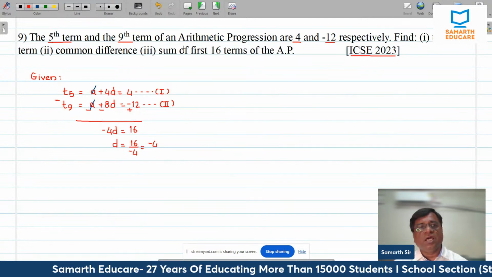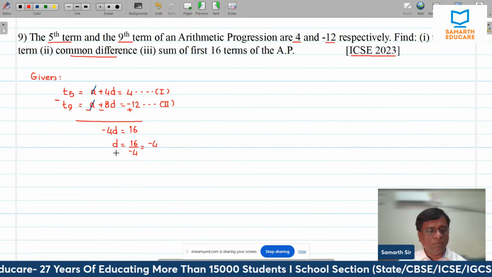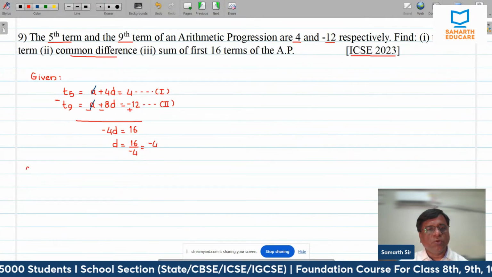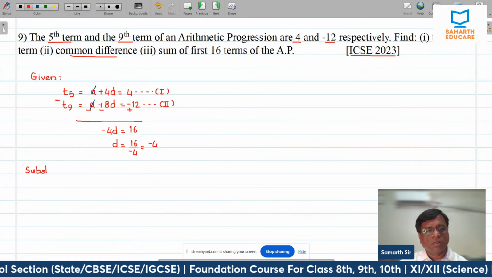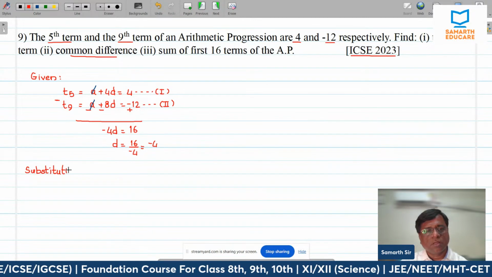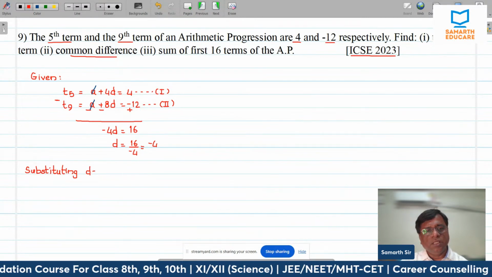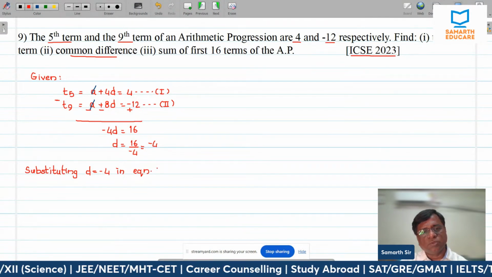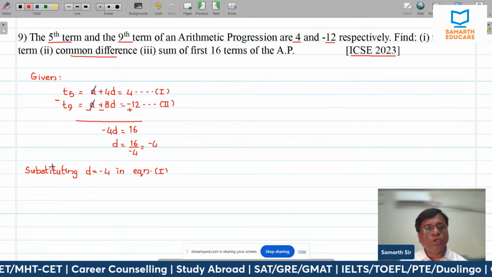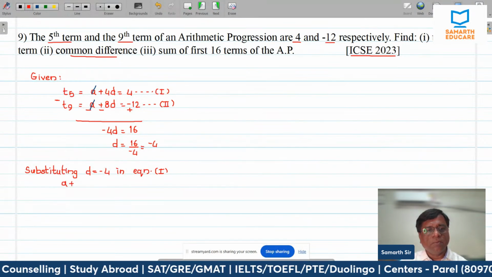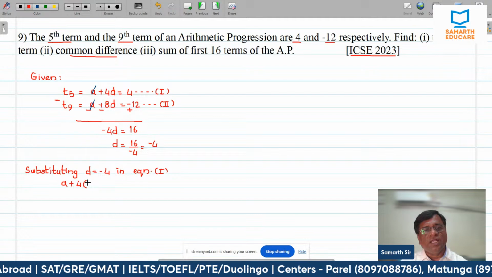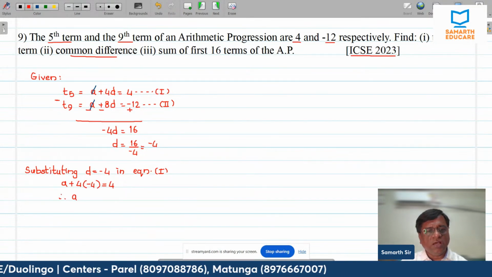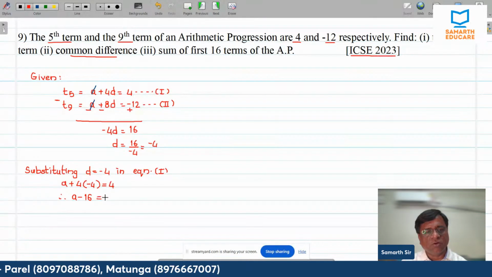Common difference आ गया, d का value. All right, now first term अपने को चाहिए, first term. So substituting d is equal to minus 4 in equation 1. इक्वेशन 1 में सब्स्टिट्यूट कर देते हैं. ओके, सो इफ आई सब्स्टिट्यूट डी का वैल्यू इन इक्वेशन 1, a प्लस 4 इंटू डी का वैल्यू है माइनस 4 इज इक्वल टू 4. सो आई हैव a का वैल्यू, a minus 16 is equal to 4.